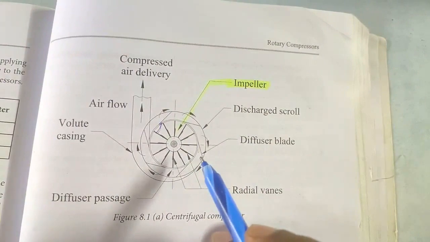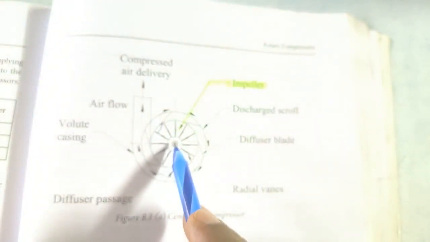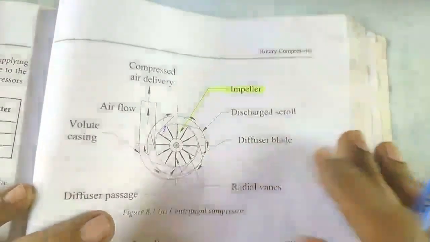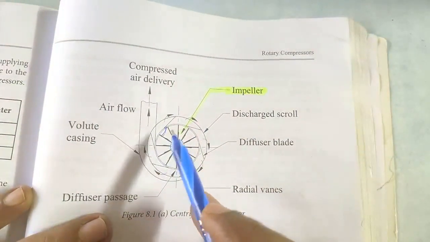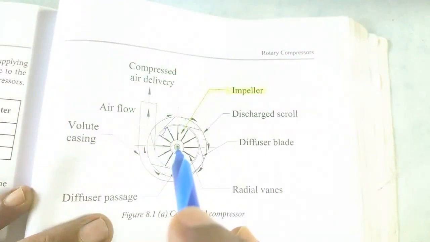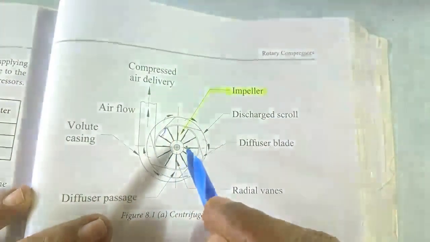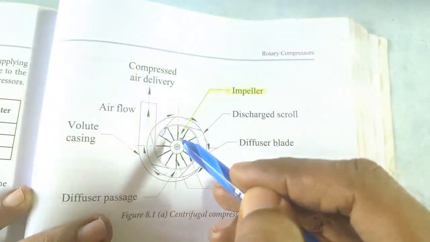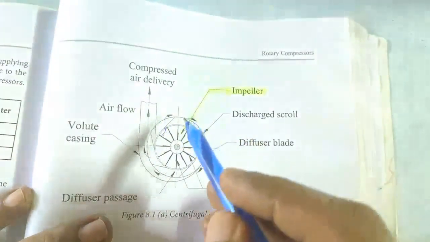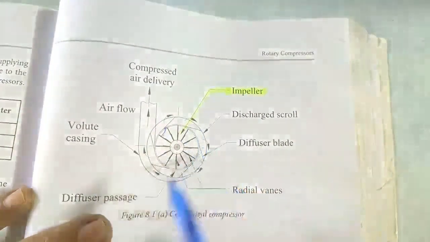The air enters the impeller at the eye of the impeller axially, that means perpendicular to the plane of the paper here. This is the eye of the impeller. This is the impeller. The air will be entering into the impeller axially like this. Then the impeller turns and the air passes through the passages of the impeller, then moves on to the diffuser. The diffuser has an increasing cross-sectional area.